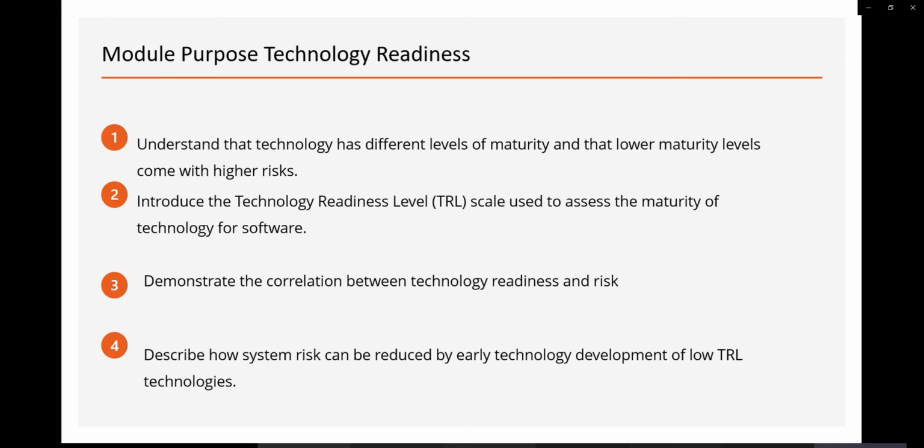So describe how system risk can be reduced by early technology development of low TRL technologies. Initially, if you have used any bank application 6 to 7 years before, you can observe the slowness in the system. Not only the bank, I know you are using Facebook, right?